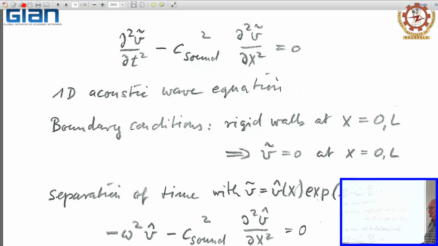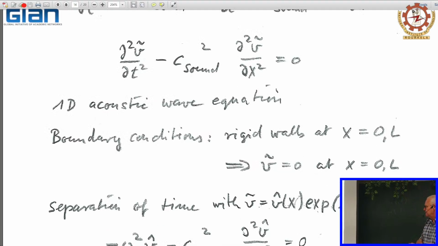So as a result, we have a boundary eigenvalue problem. It contains a free parameter which can be adjusted to guarantee a solution. We have a boundary value problem because we have two boundaries at which the boundary conditions are given. And we may take the freedom in the eigenfrequency to guarantee a solution, and at the same time to determine for which values of omega we actually get a solution of the problem.